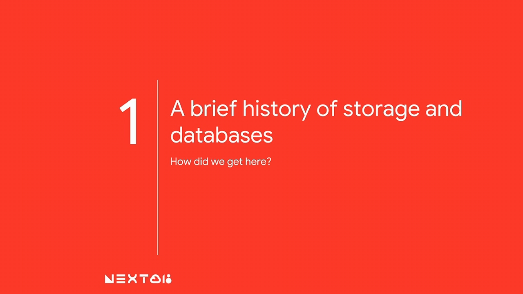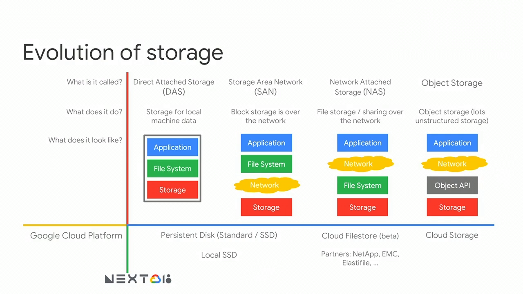So let's go through the history of storage and database products. If I go all the way back, from a storage point of view, originally when you attached storage to machines, it was physically attached. This is called direct attached storage. You take a hard disk, you physically attach it to a computer, and that's the storage that computer has available to it.